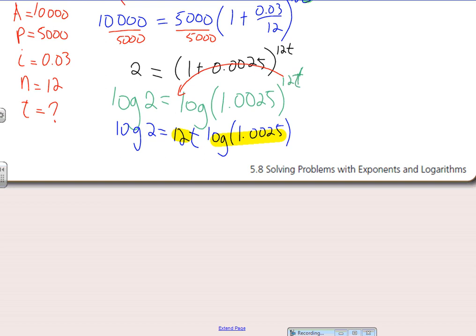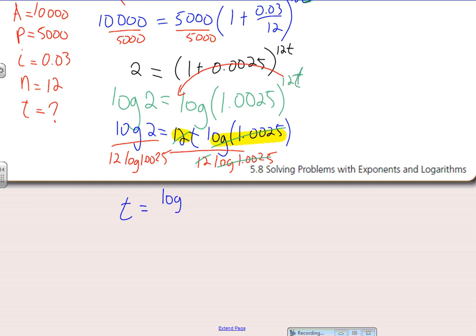The 12 log 1.0025 is the coefficient in front of the t. Let's divide that over to the other side. That means that's gone. We're left with t on that side.